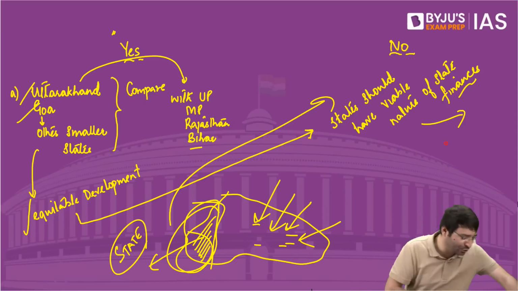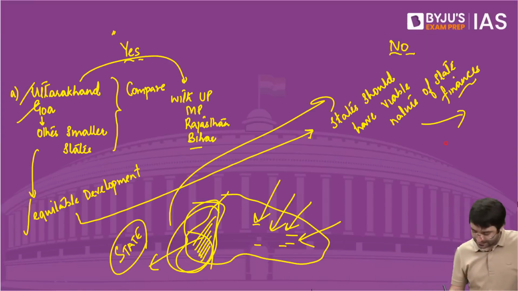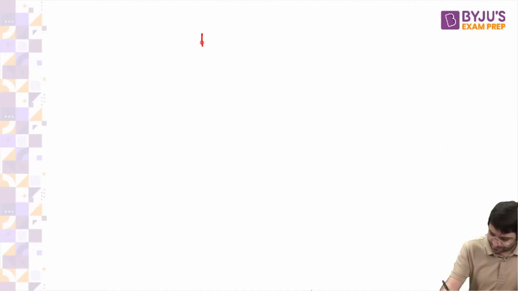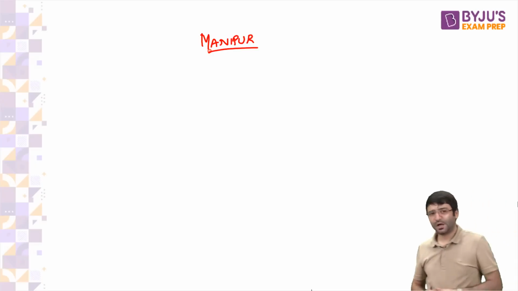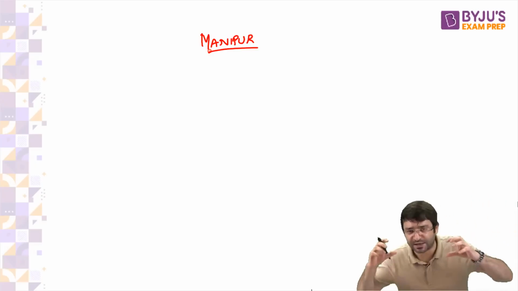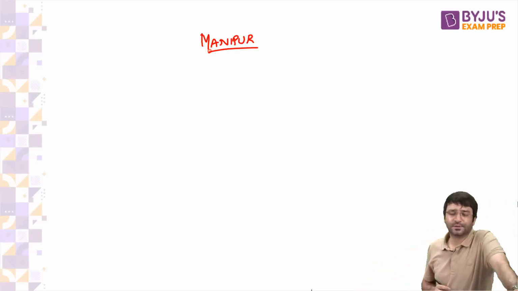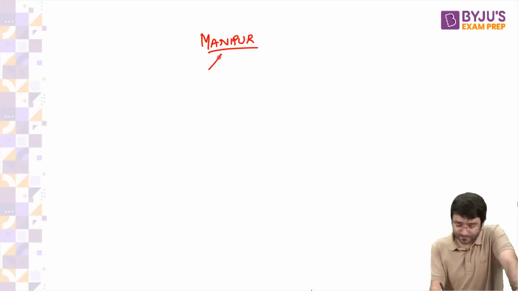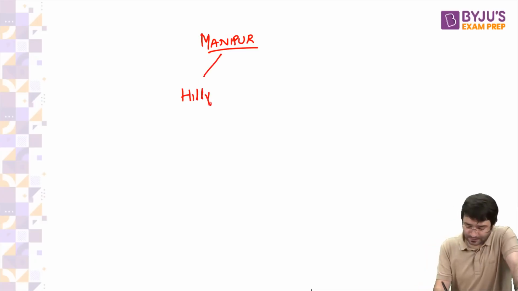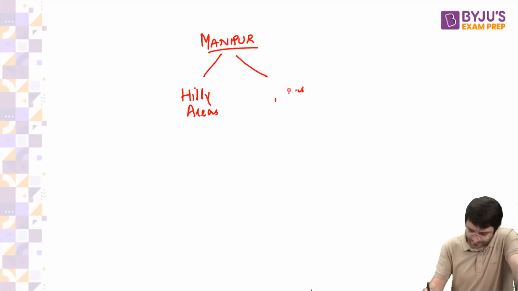If small is beautiful, then my dear, what's happening in Manipur? A smaller state, but where two tribes are at each other's throats. Manipur has hilly areas, it has plains as well, or should we say valley.